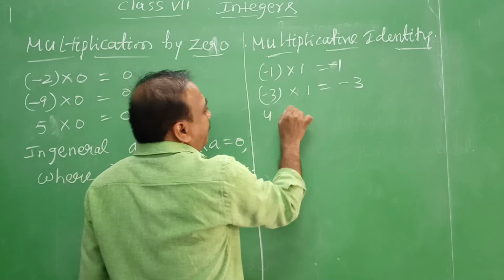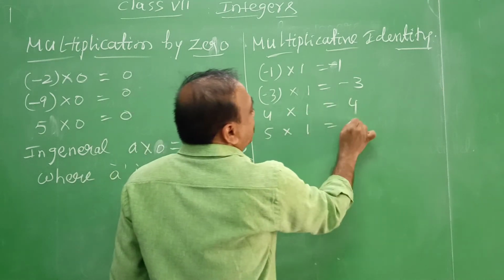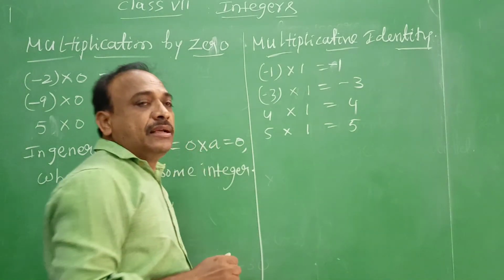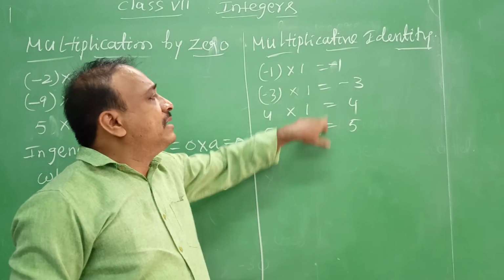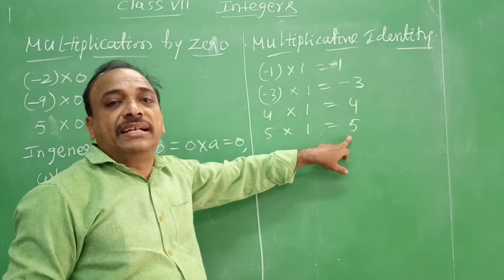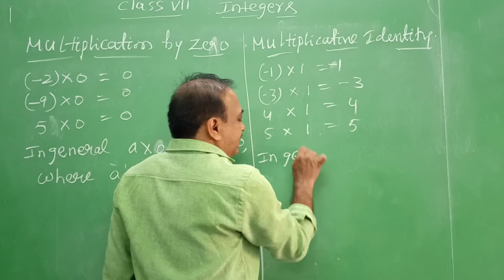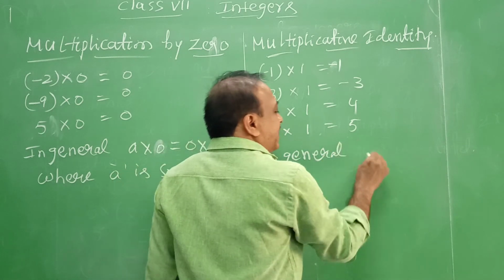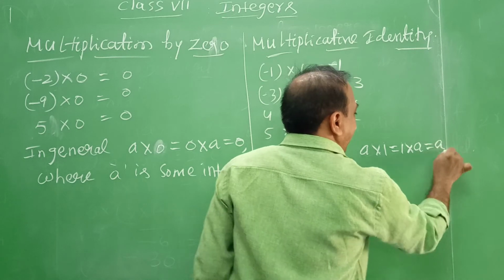4 into 1 is equal to 4. 5 into 1 is equal to 5. These are all integers. So any integer multiplied by 1, you get the same result. That means in general, a into 1 is equal to 1 into a is equal to a.